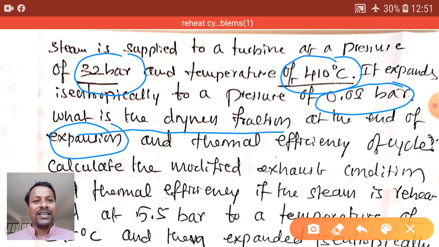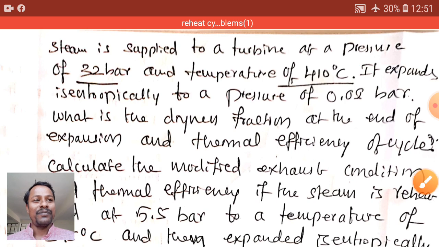What is the condition of the steam, how dry it is. So we are supposed to calculate the x2 value and also the thermal efficiency of the cycle. This is the first part of the problem.